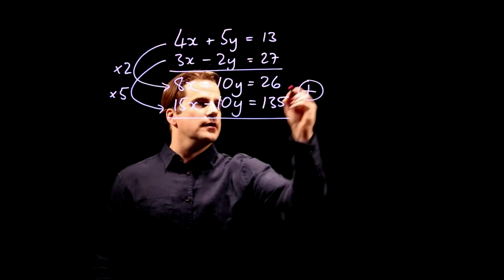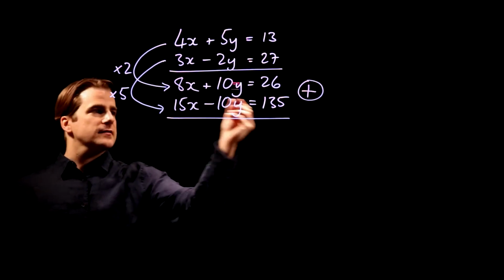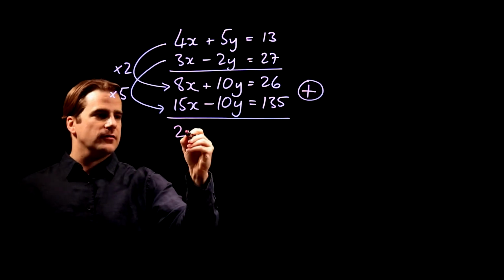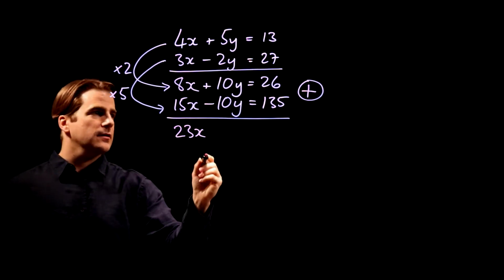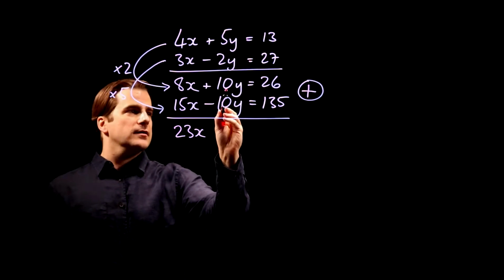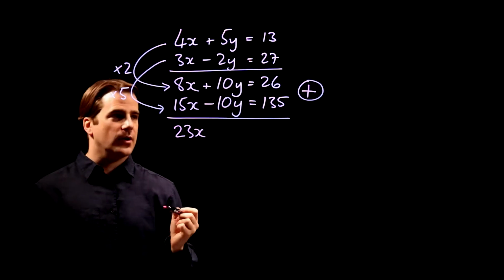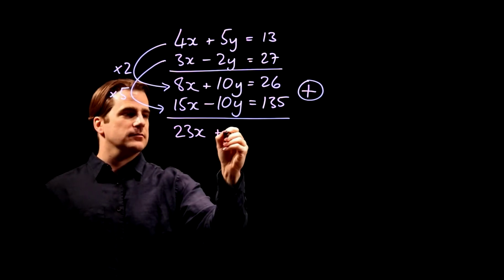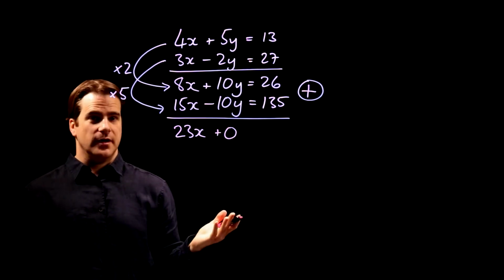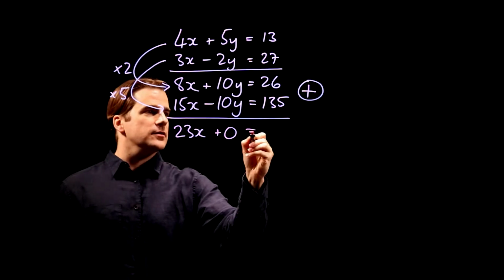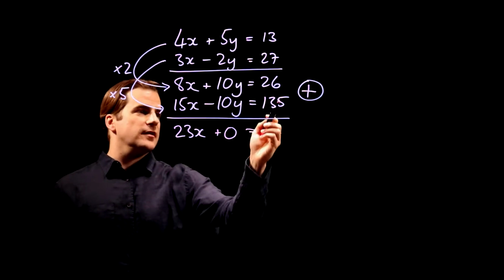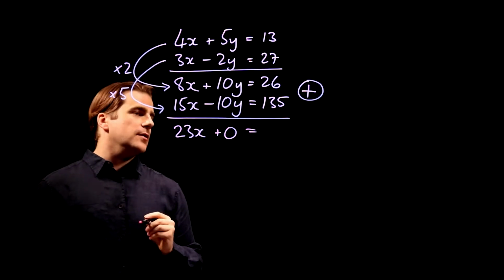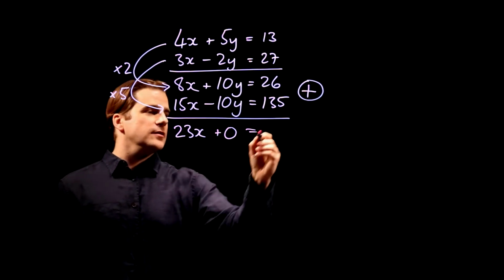So, 8x plus 15x is 23x. 10y plus minus 10y is 10y minus 10y, which is 0. Okay, we've eliminated the y's. Equals 26 plus 135 is 161.